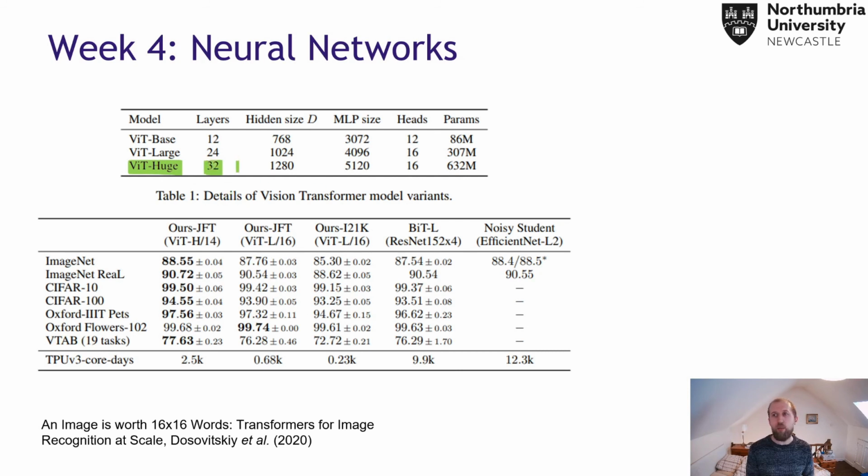So these are more advanced than the fully connected layers I'm going to talk about in this lecture. I'm going to talk about transformers in lecture 6, but this is a comparatively modest 632 million parameters compared to the paper we saw on the last slide.